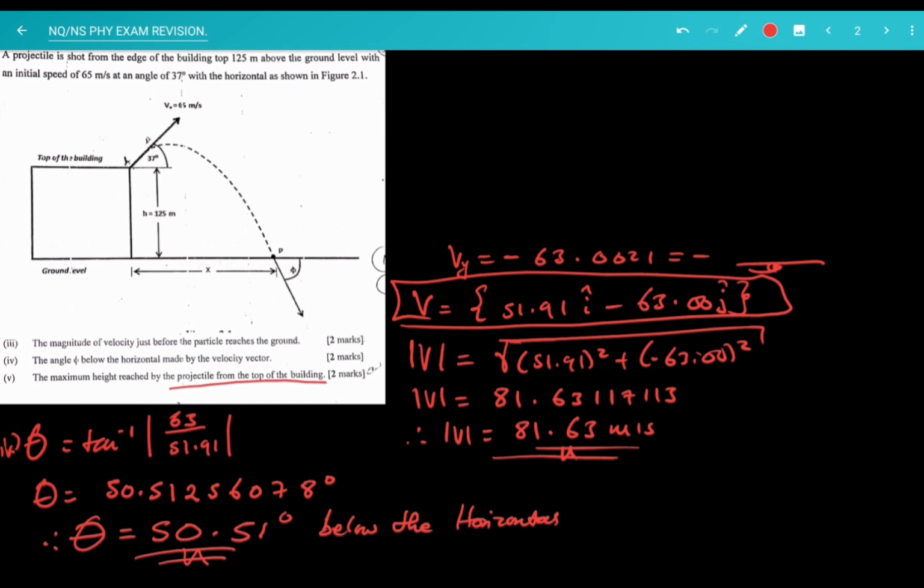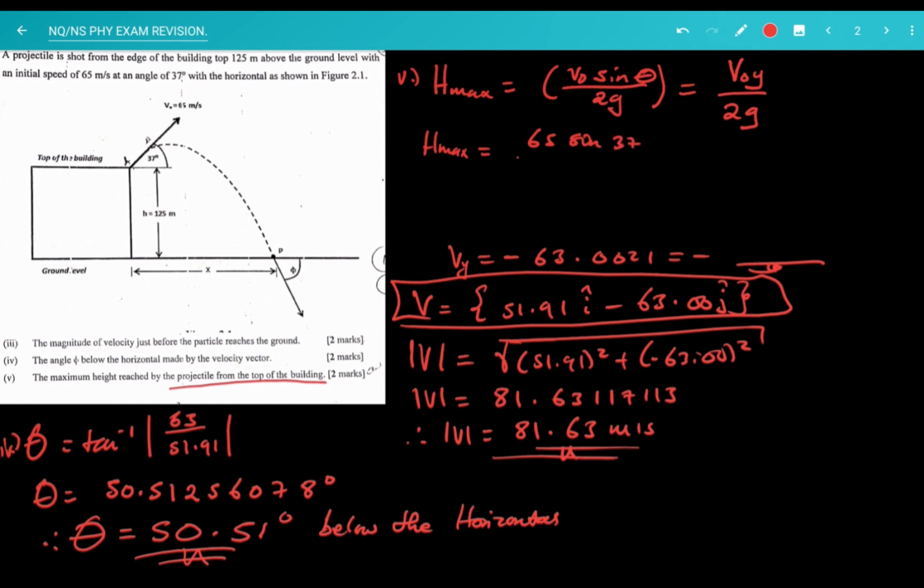Height max is equal to the initial speed's component in the y, that is the initial speed times sine theta, squared, over 2 times the gravity. And this gives you h max being equal to 65 times sine 37 divided by 2 times 9.81.